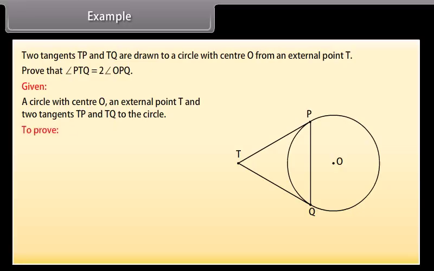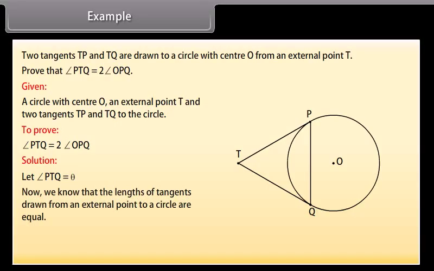We need to prove that angle PTQ is equal to 2 angle OPQ. Let angle PTQ be equal to theta. Now from the theorem of tangents we know that the lengths of tangents drawn from an external point to a circle are equal. Therefore, TP is equal to TQ. So, TPQ is an isosceles triangle.